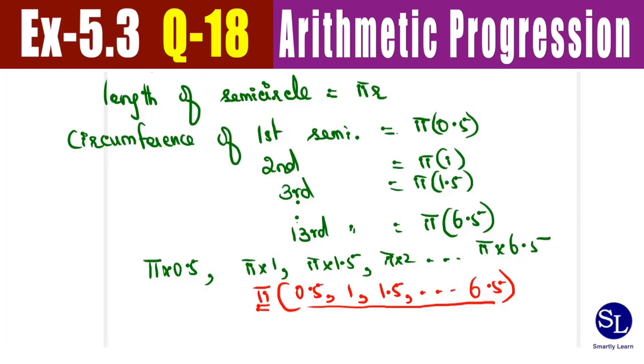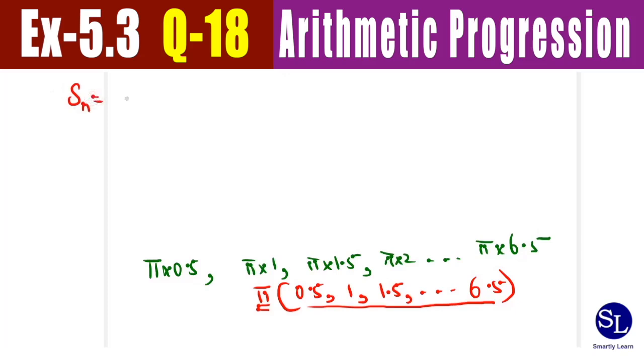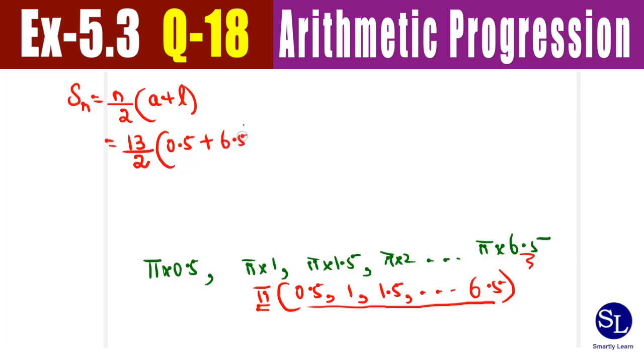So now let's apply the formula for AP. Essentially we are going to calculate the Sn. Sn is equal to n by 2 into, we are going to use the formula, A plus L. In this case n is 13 because there are 13 terms. So 13 divided by 2, A is 0.5 and L is the last term, which is 6.5.